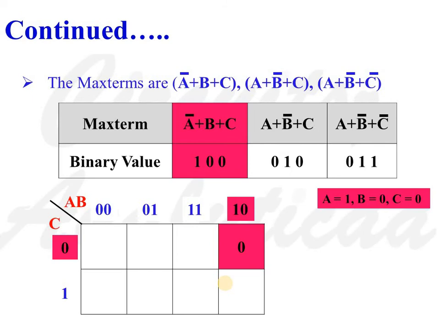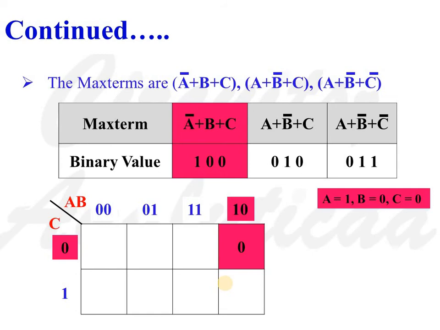For the max term A bar plus B plus C, as variable A is present in complemented form, in the binary value put 1. Variable B is present in true form, so put 0. Variable C is also present in true form, so binary value of the max term A bar plus B plus C is 100.